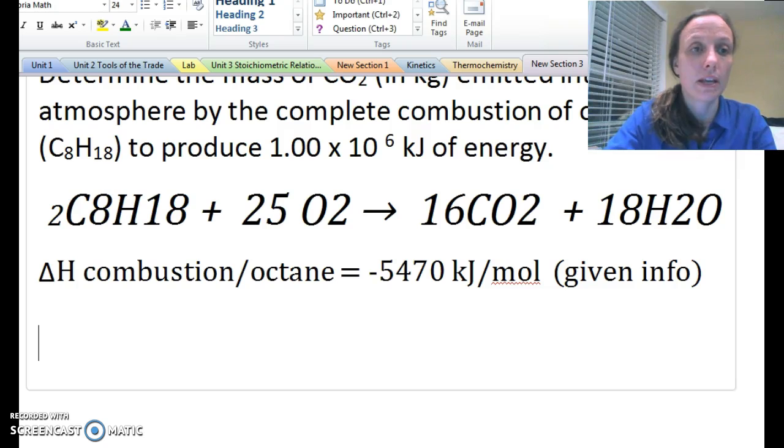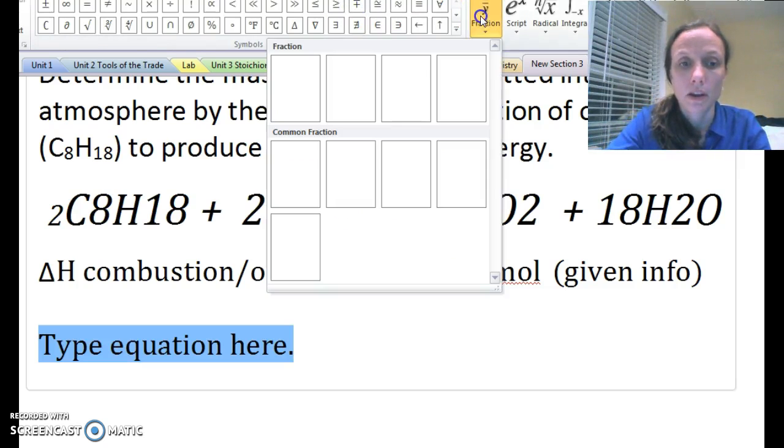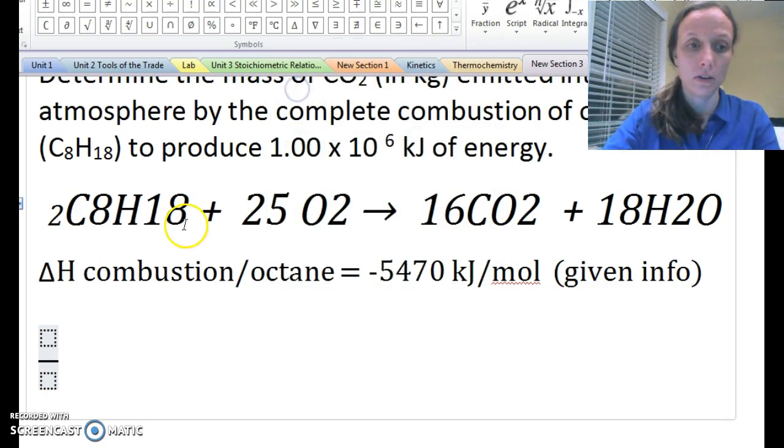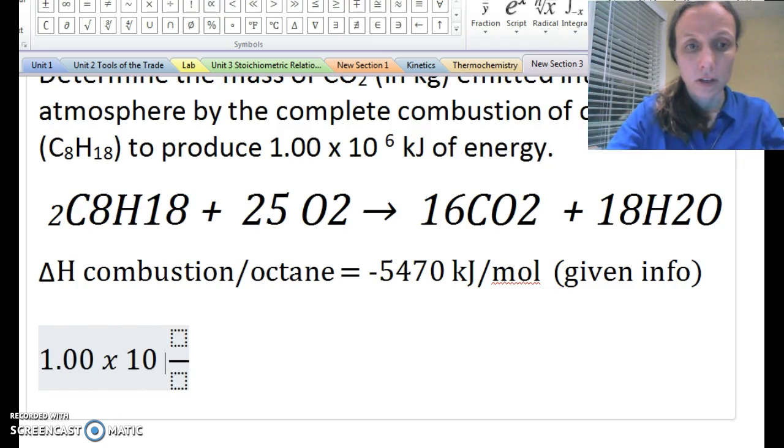So now let's go ahead and insert an equation here that we can work with. I'm going to do this one here. And before we do that, we're going to go here and put in our 6.